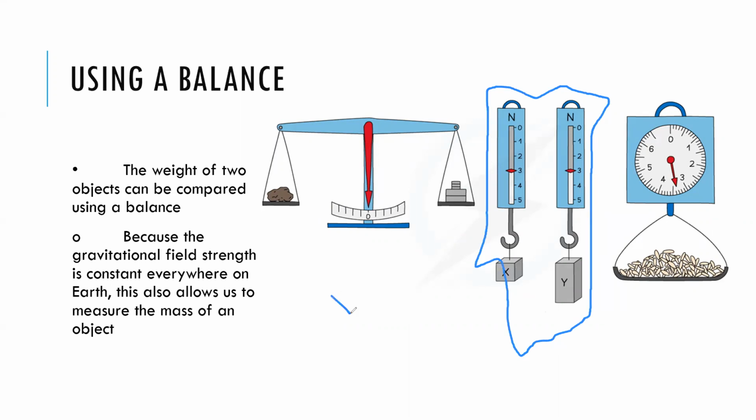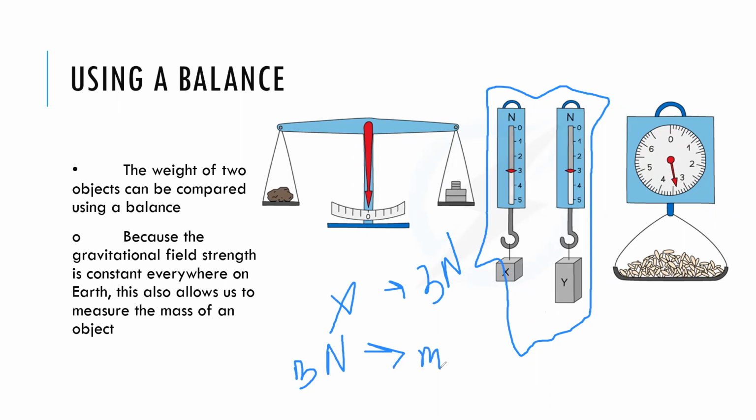Now, let me tell you. Here you can see that box X has 3 newtons, right? 3 newtons of weight. Now, what would be the mass? So weight is 3 newtons. We know that weight is equal to mass into acceleration due to gravity.